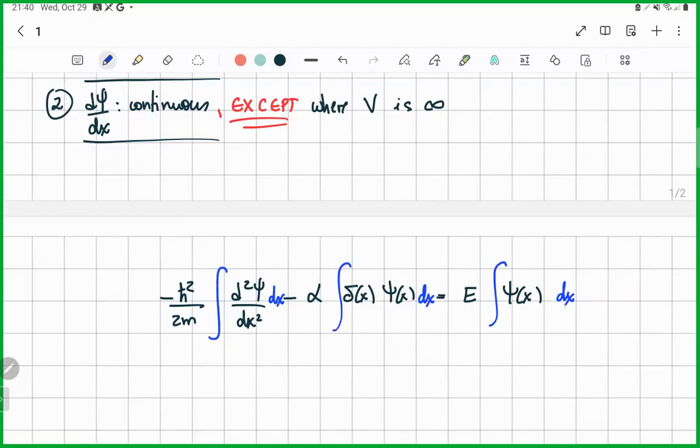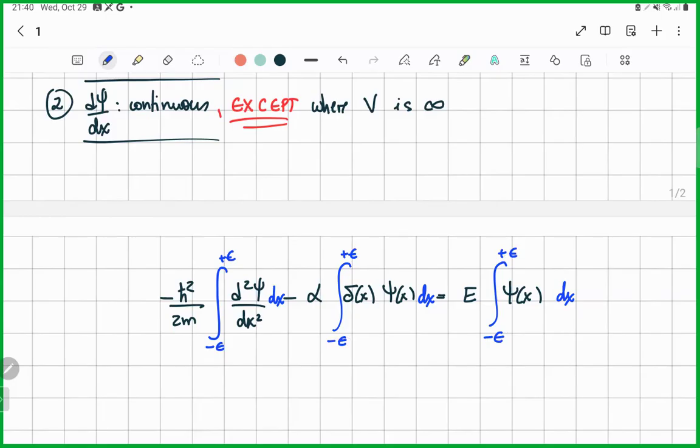And we are going to integrate very close to that position 0, the special point where the delta function finally does something. So we are going to do this integral in the vicinity of 0 between minus epsilon and plus epsilon. So this epsilon is a tiny, tiny number, an infinitesimally small number, almost 0.